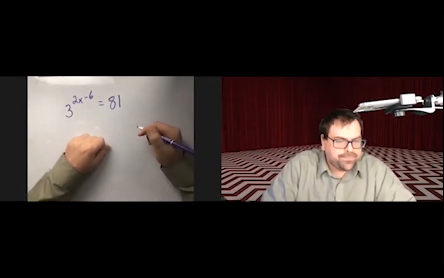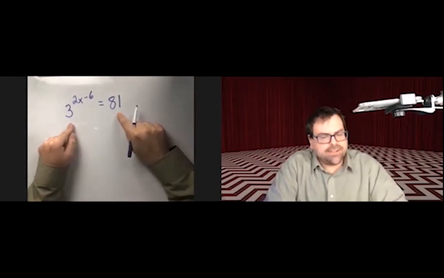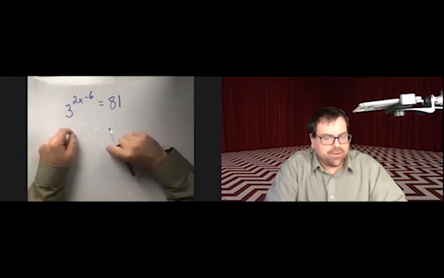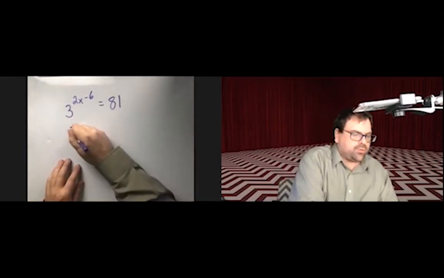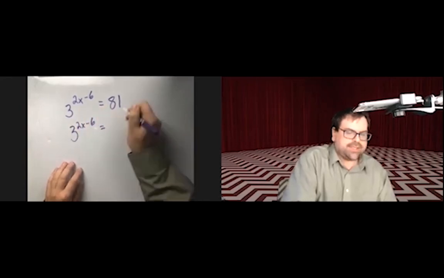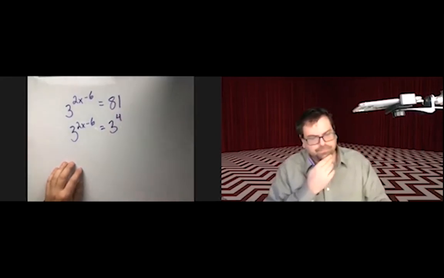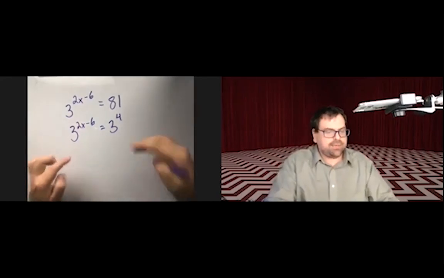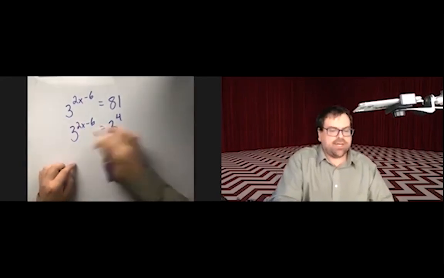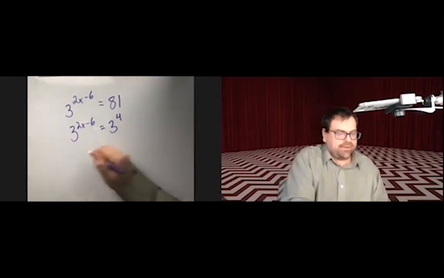Well, if we can get it so both sides are the same base raised to a power, which we can do here, because 81 is 3 to the 4th, this implies that the exponents are equal. 3 to this equals 3 to that, this equals that.